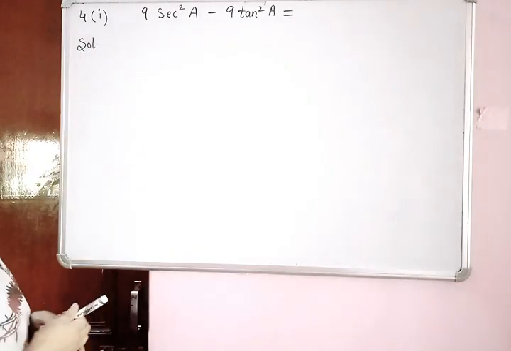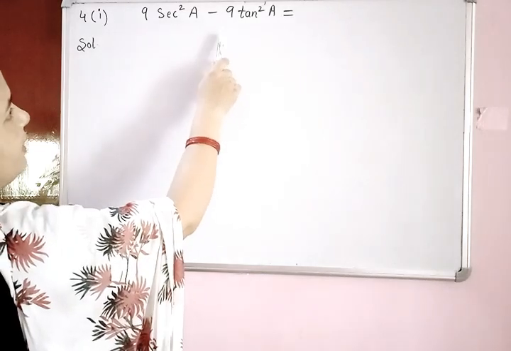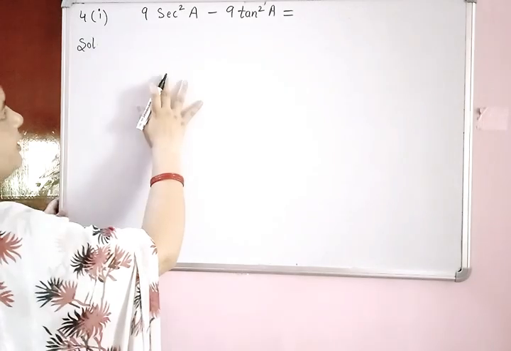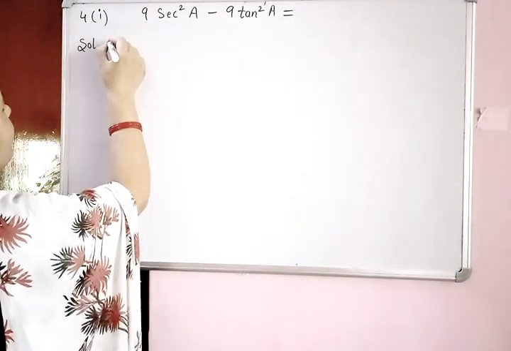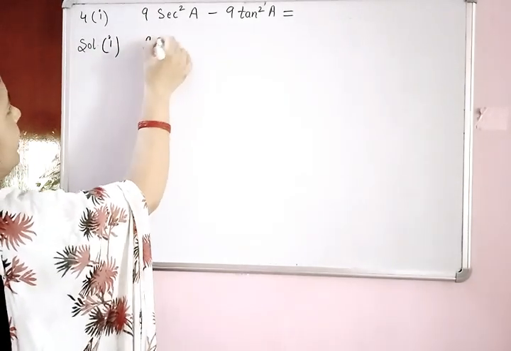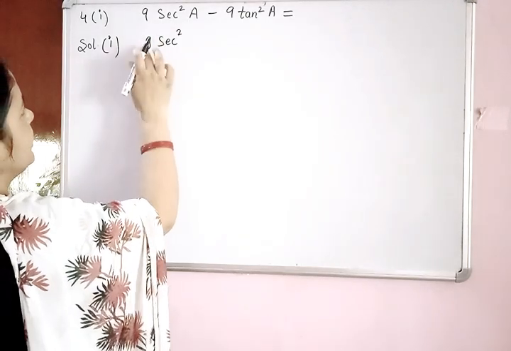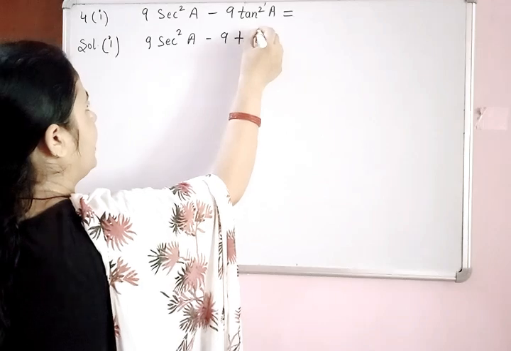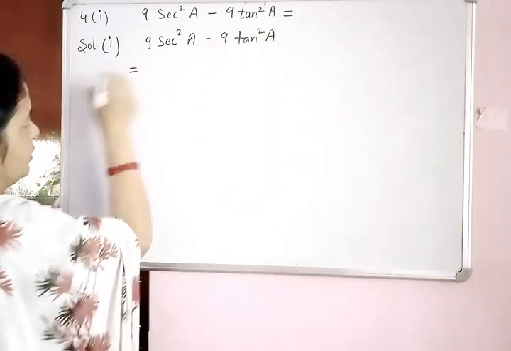So question number 4, first part: 9 sec square a minus 9 tan square a is equal to 1. So let's simplify this, then we find our solution. First part, 9 sec square a minus 9 tan square a is equal to.